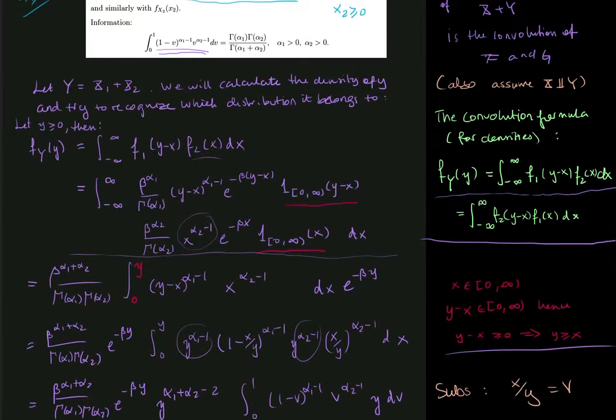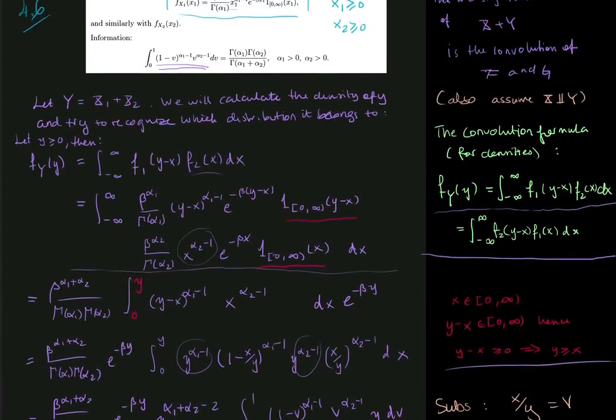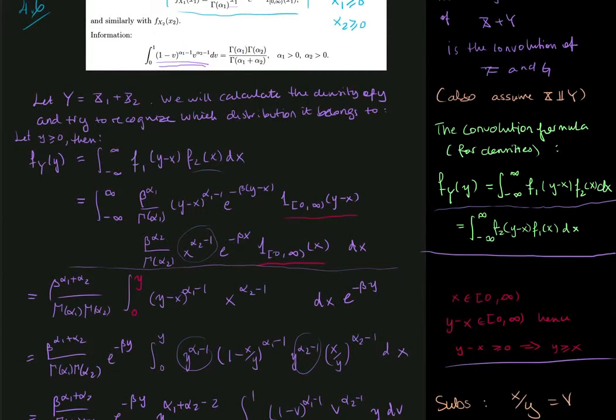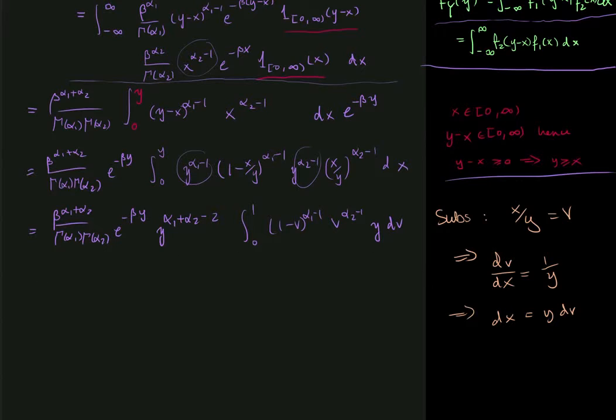So now we see that this expression I have down here reminds a lot of the formula that we are given in the exercise that we can use. So the only thing that's in the way is the y, but I can just take the y outside of the integral, and then the integral will evaluate to what we want it to be.